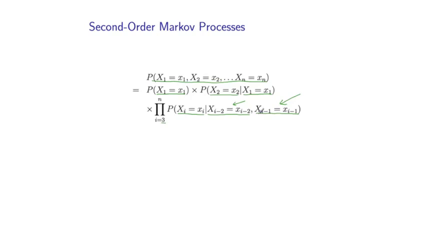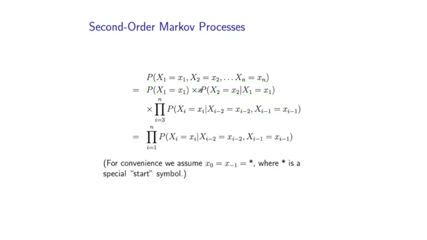To make things a little bit simpler, these terms are a little awkward, so we're actually going to write down a second-order Markov process as follows. I now have a product from i equals 1 to n, and at each point I have the ith value conditioned on the value at i minus 2 and also i minus 1. And I'm now careful to define a couple of random variables, X minus 1 and X0, at the start of the sequence.